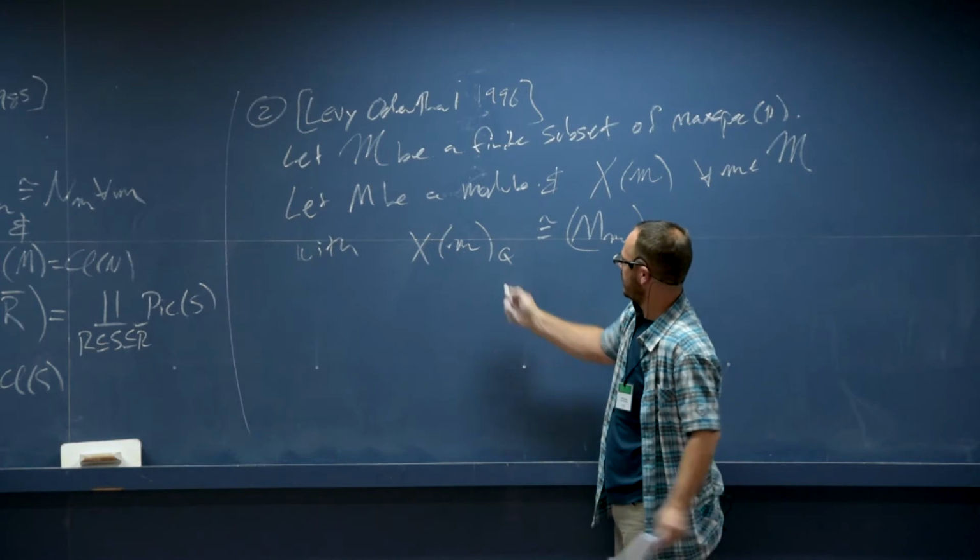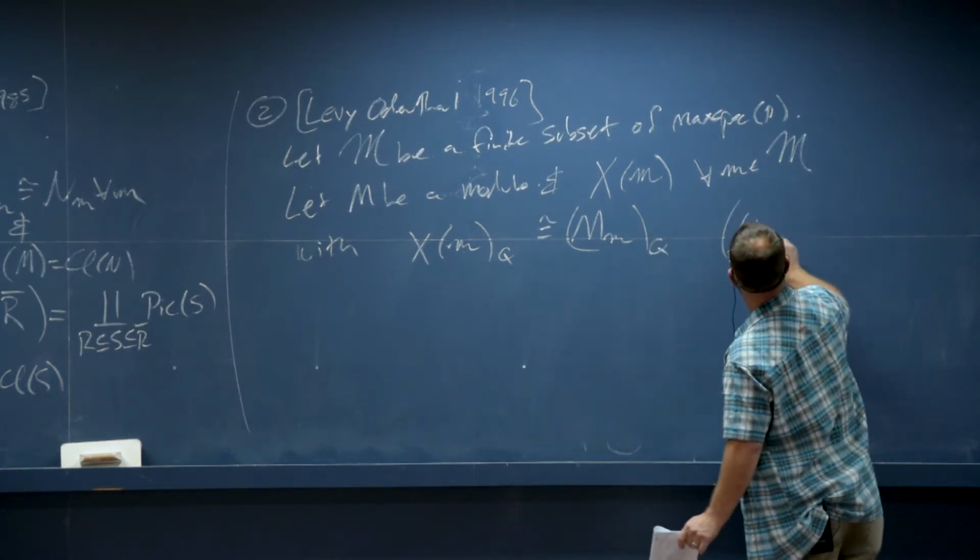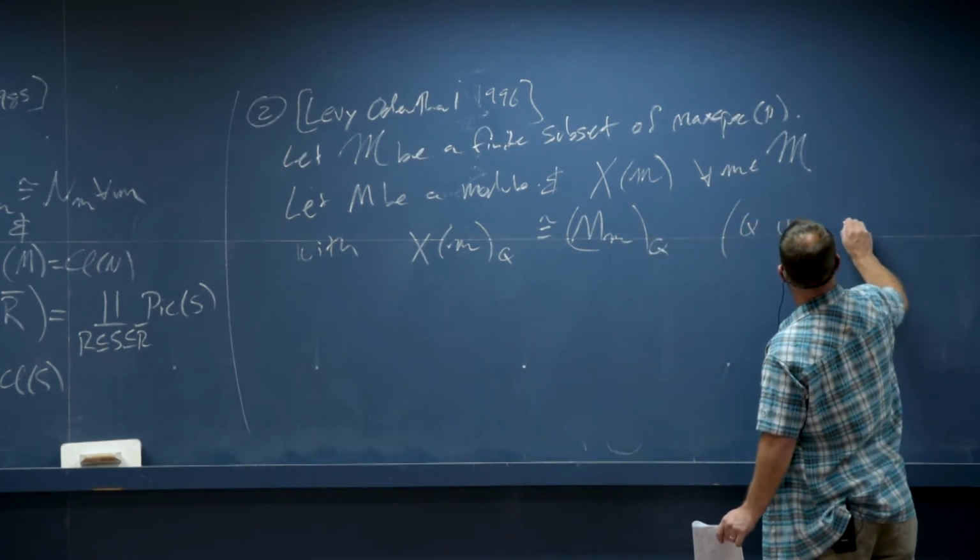So modules that when we localize at Q, and here Q is the union of minimal primes.